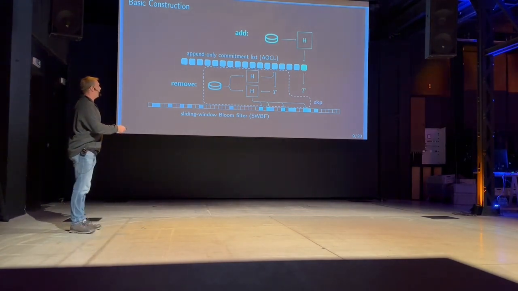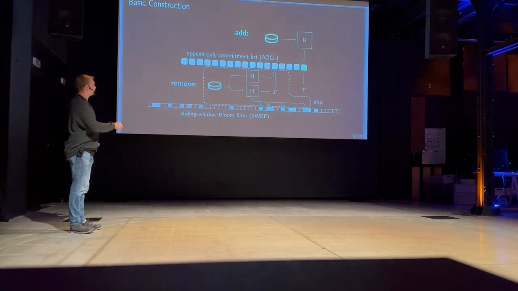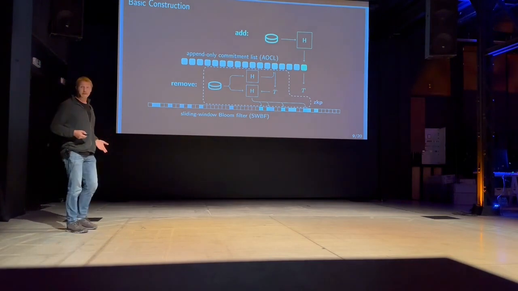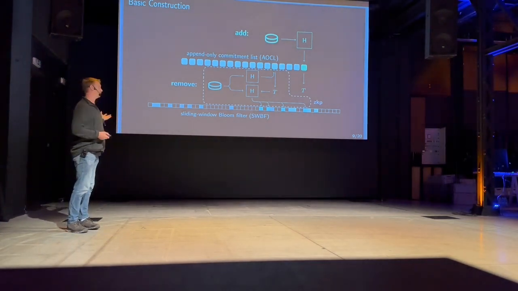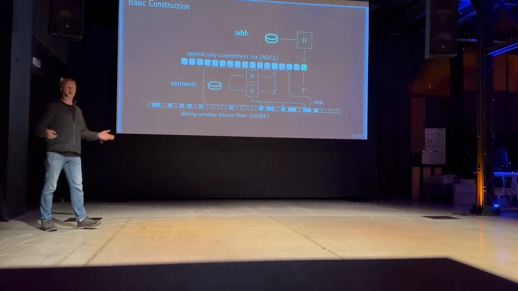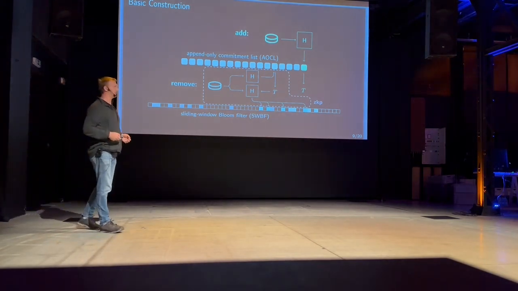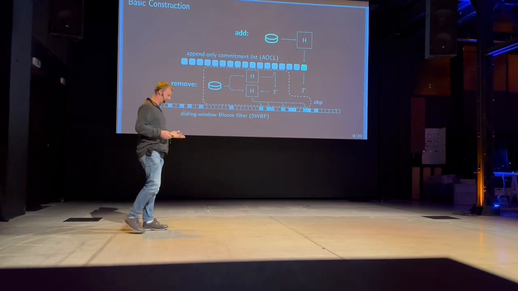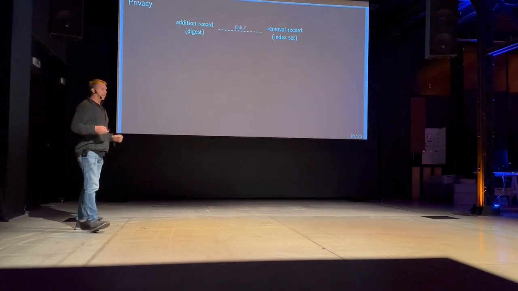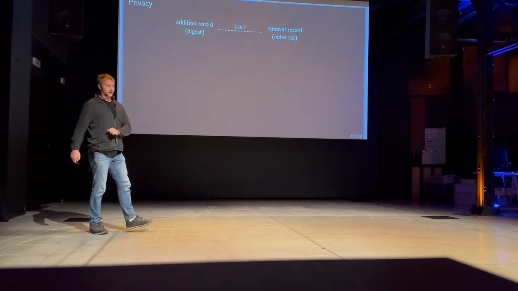And you can always add something to the list of commitments. So this is the basic picture, but of course it doesn't scale well because you have these huge arrays of digests and of bits, and they scale linearly with the number of items added or removed. And I'll address that later.